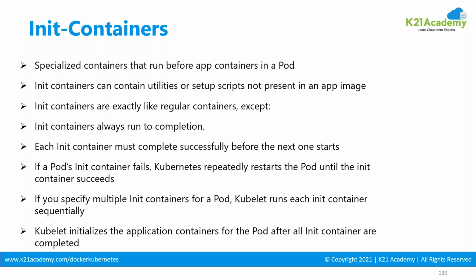And who does that job? The kubelet initializes the application containers for the pod after all init containers are completed. So it is the job of the kubelet to monitor the behavior of the init containers, right? I hope you got in a nutshell what the meaning of init container is.